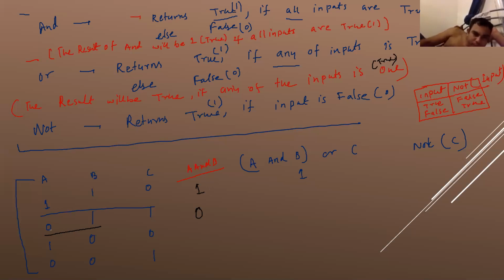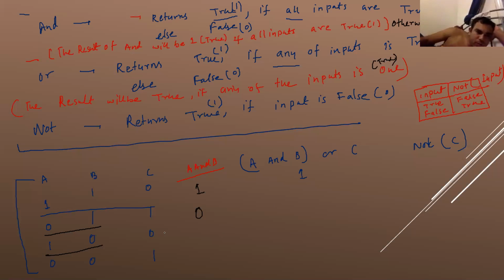Yes. One of the inputs is false, that's why it is false. Whenever all inputs are true, the result will be true. Otherwise false, which is 0. Yeah. False is the same as 0, true is the same as 1.